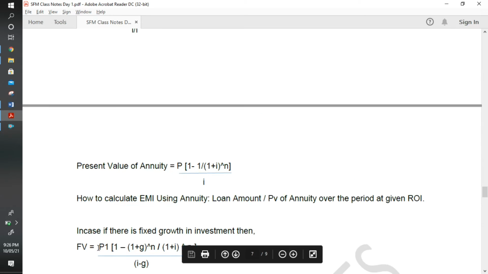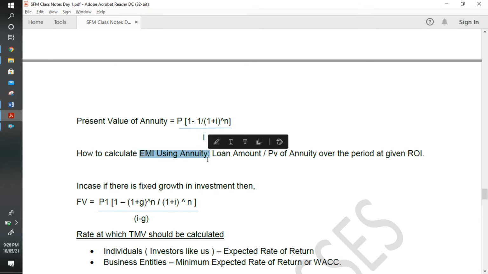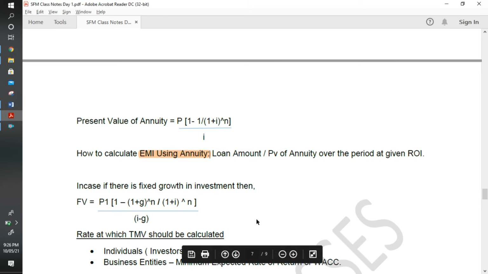Okay, now how will the present value of annuity be calculated? That will be P into (1 minus 1 by (1 plus i) to the power of n) whole divided by i. Now I'll tell you how the EMI is calculated. We generally take loans on which we pay interest and principal in the form of EMIs.